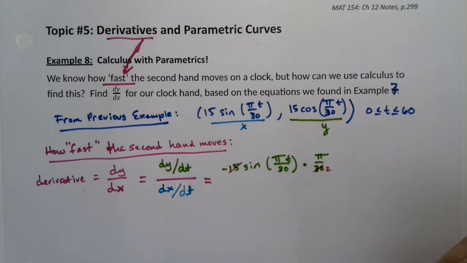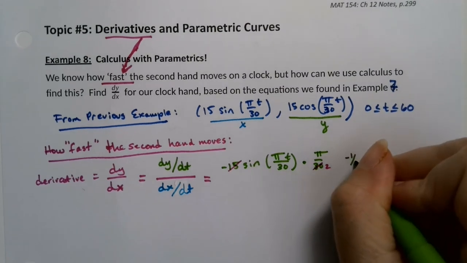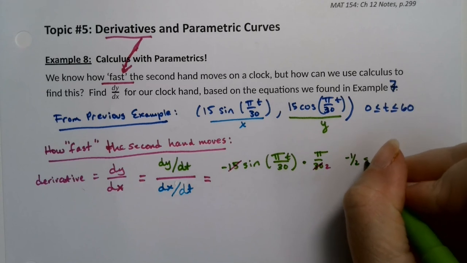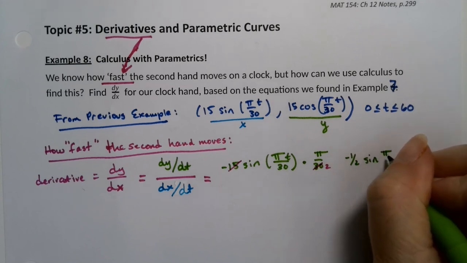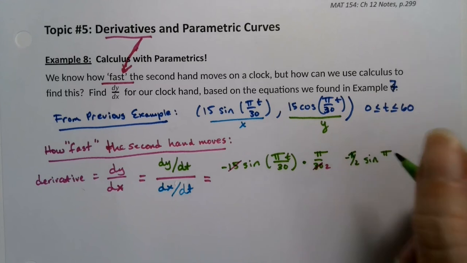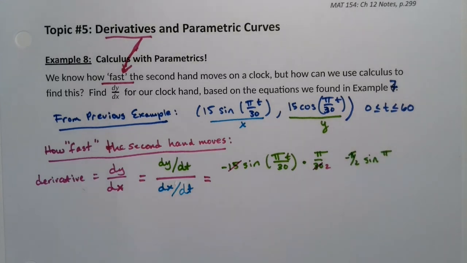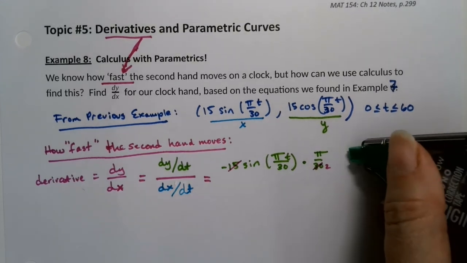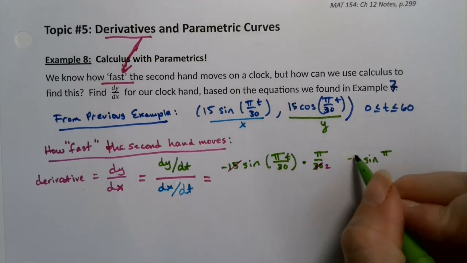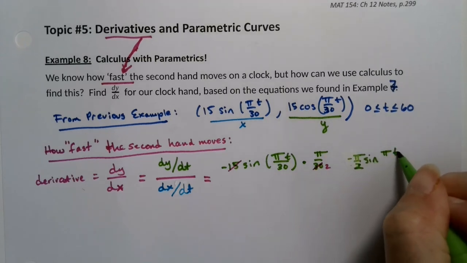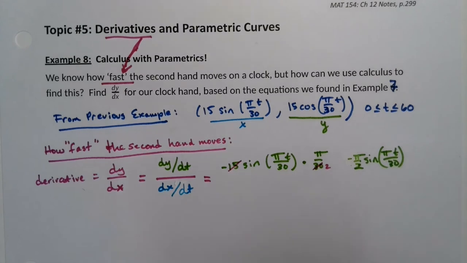So it'll be negative 1/2, negative pi over 2, I should say, because I can bring that pi out in front. Negative pi over 2 sine of pi t over 30, like that.